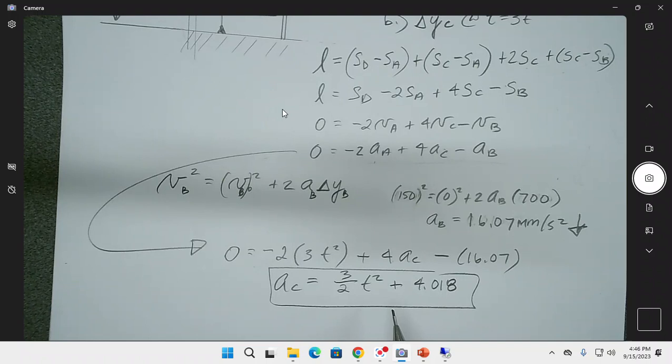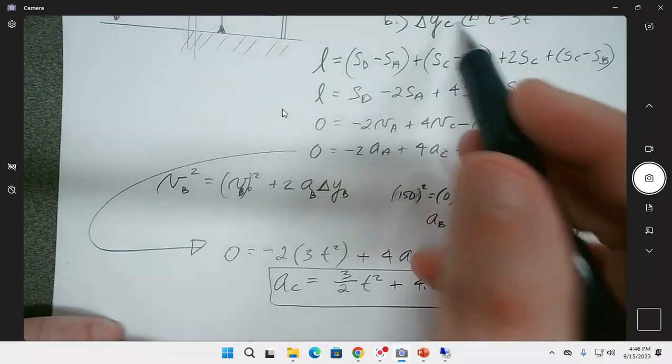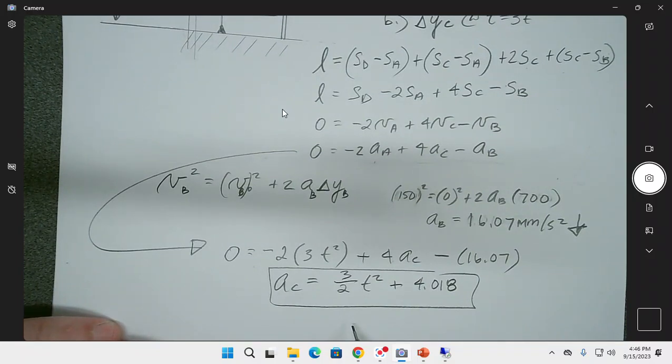And then the last one, all we needed to do was find delta yc as a function at time 3 seconds. So what I would say is we should integrate this twice. That's fine, right?